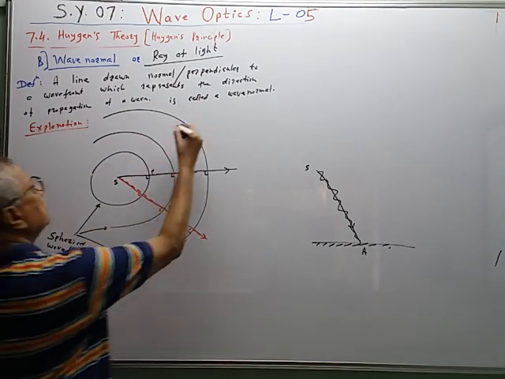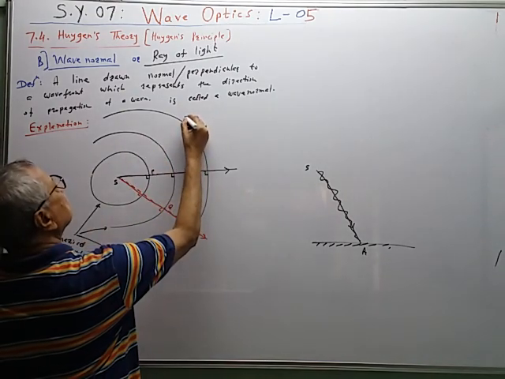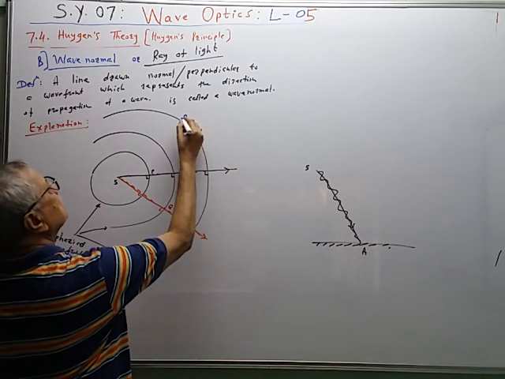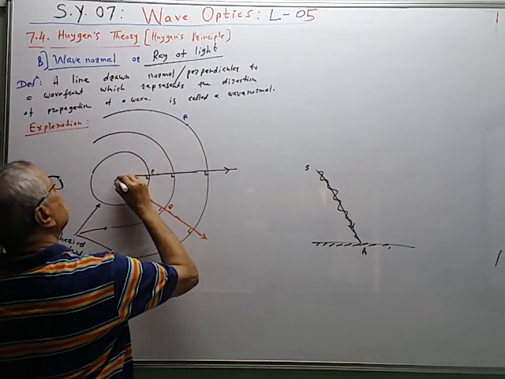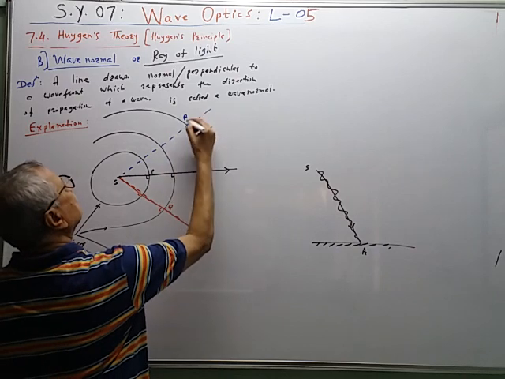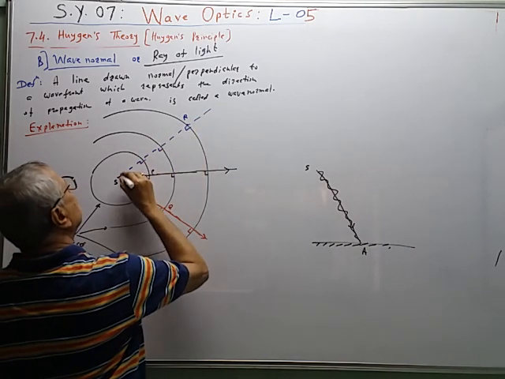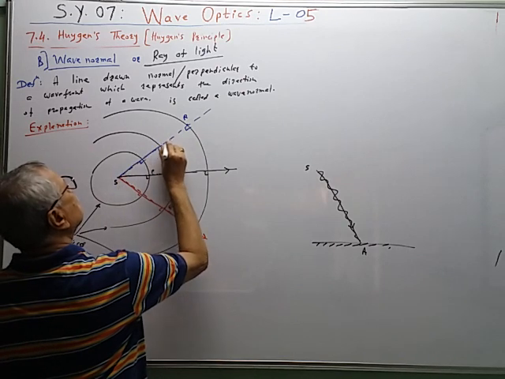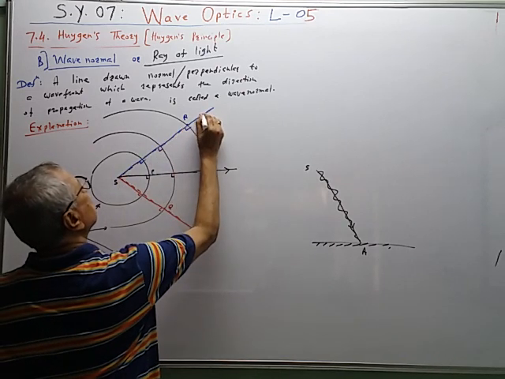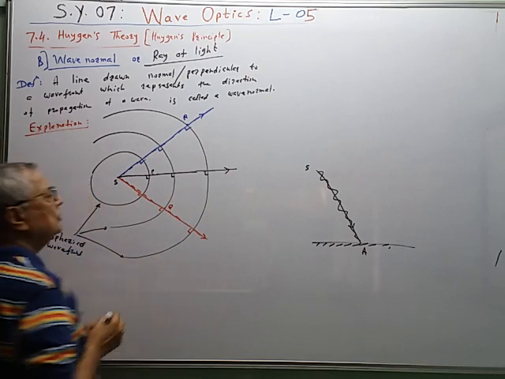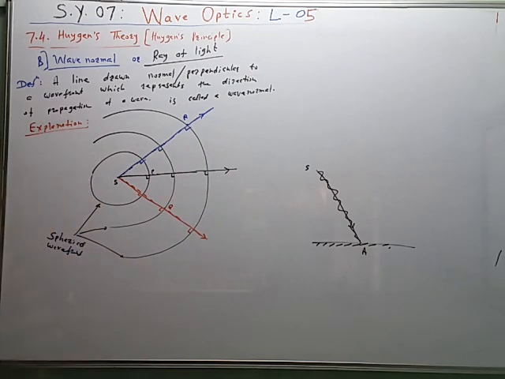Now if we consider any point R on the third wavefront, then if we join SR, then this angle is 90 degree, this is also 90 degree because these are concentric spheres. So this SR line also represents the direction of wave propagation. So it is also a wave normal like this.